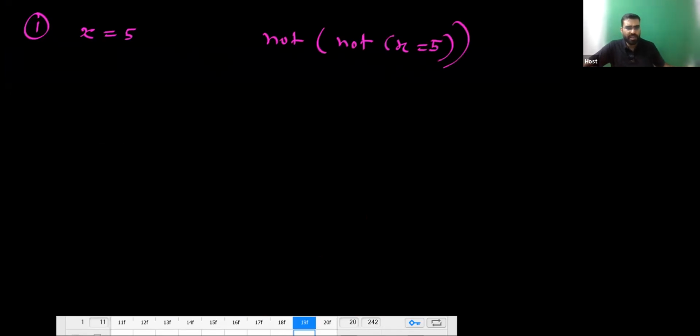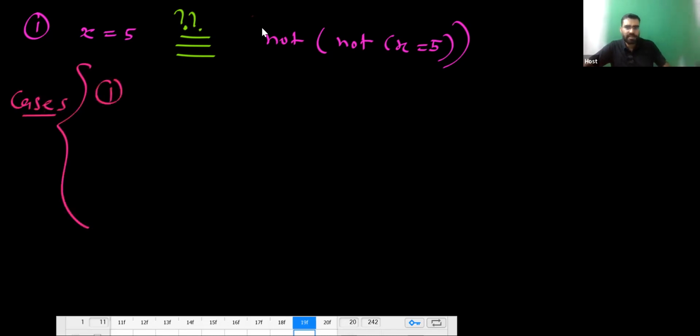Here, to check the equivalence, are they equivalent or not, you have to check 3 cases. Yes or no? What are the 3 cases? One case when x is 5, and maybe when x is some other value.